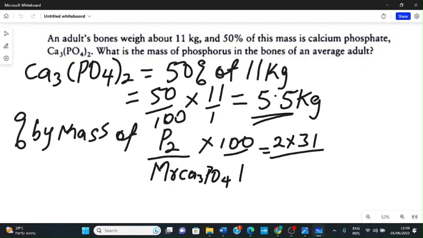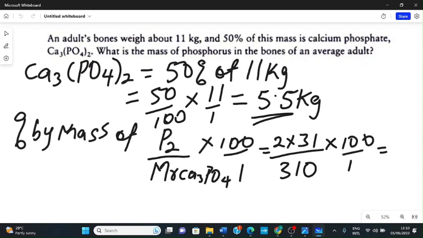That means 120 plus 62 plus 64 is equal to 310. That is the molar mass of what? Calcium phosphate. Times 100 over 1.